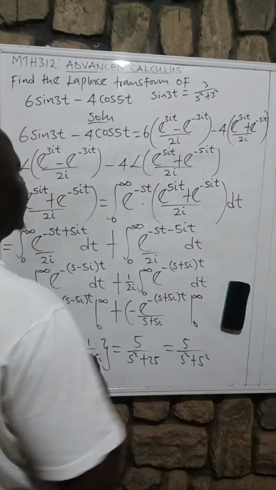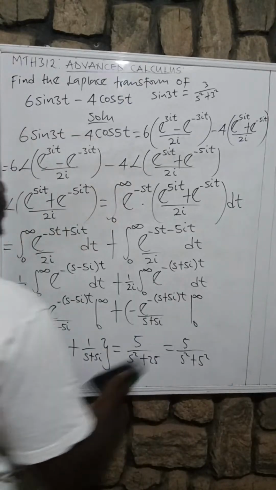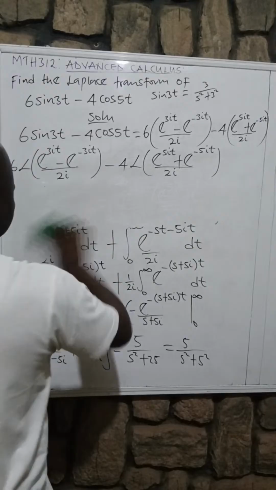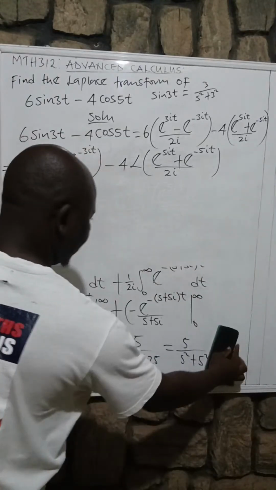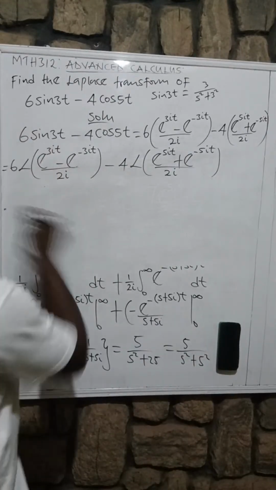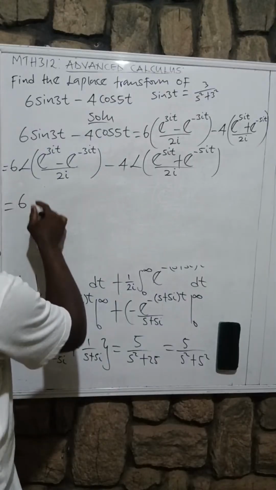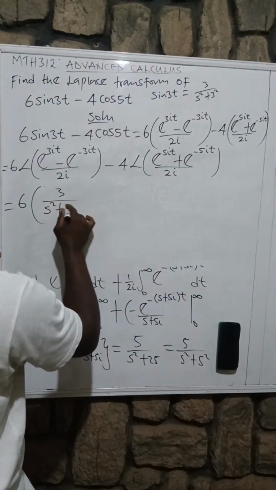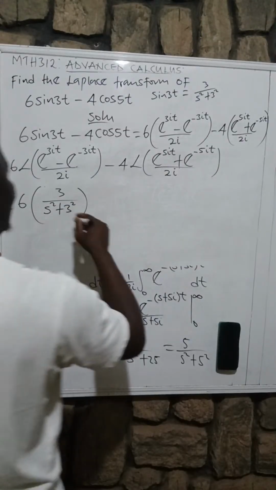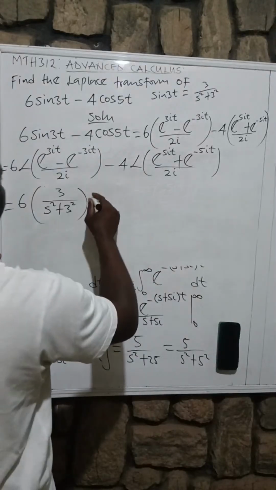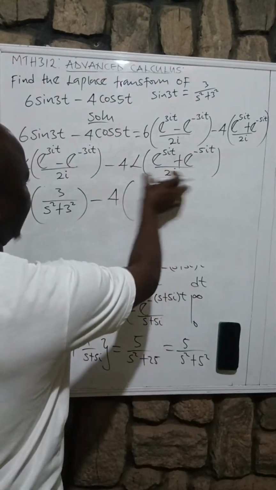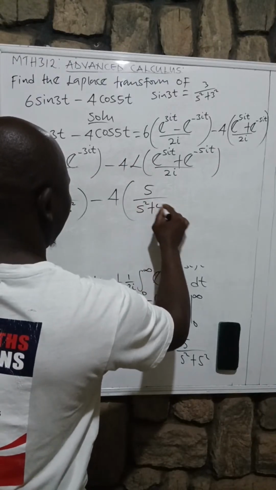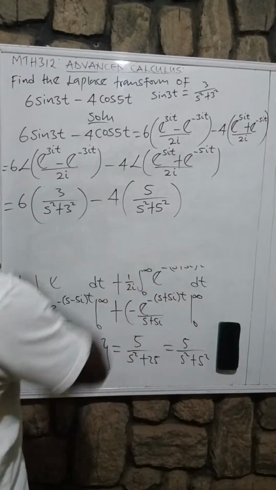So far, so good. So here will now be equal to 6 open bracket Laplace of this gives us 3 all over s squared plus 3 squared, then minus 4 open bracket Laplace of this gives us 5 all over s squared plus 5 squared.